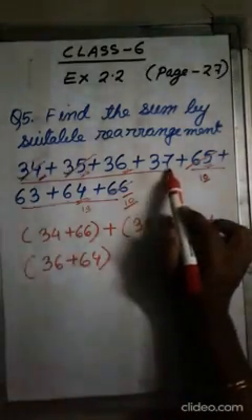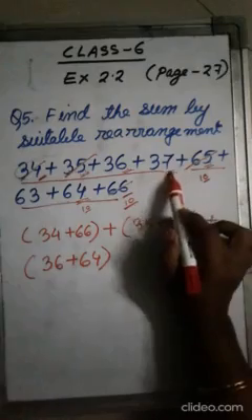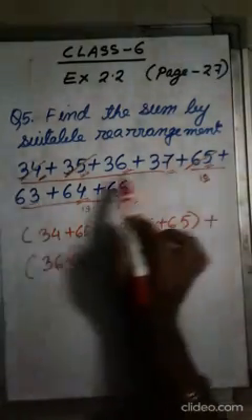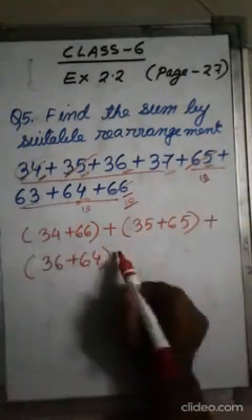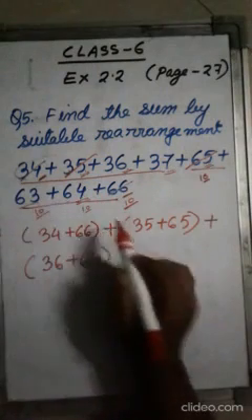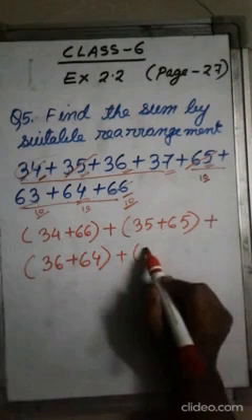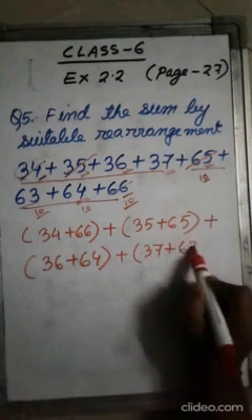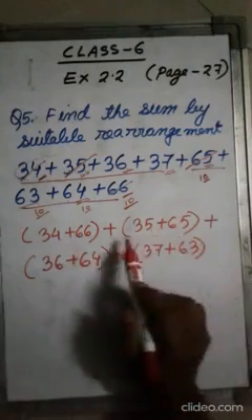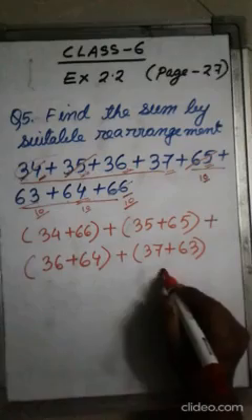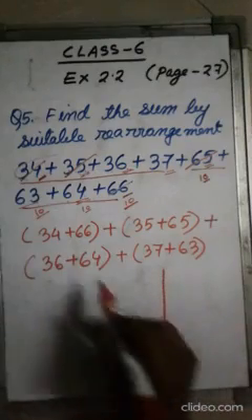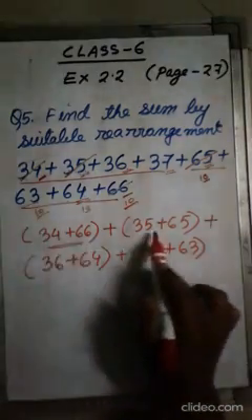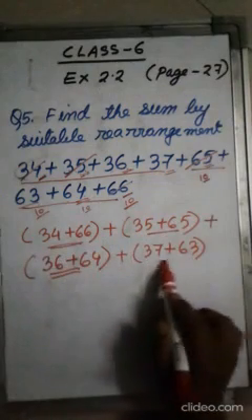Then you can see 7, 37 and 63. 7 and 3 is 10. That will make another group, 37 plus 63. So I have made 4 groups. Now you add the numbers of the groups and tell me what will be the answer.